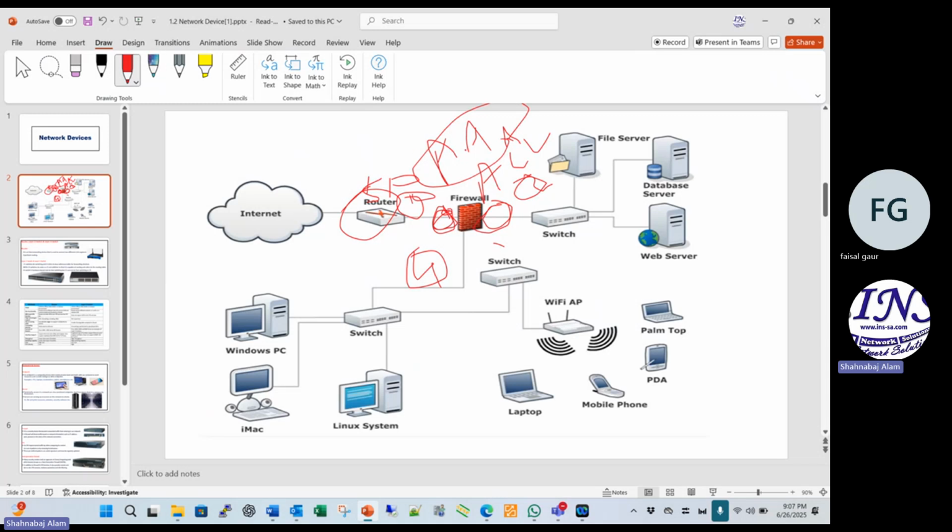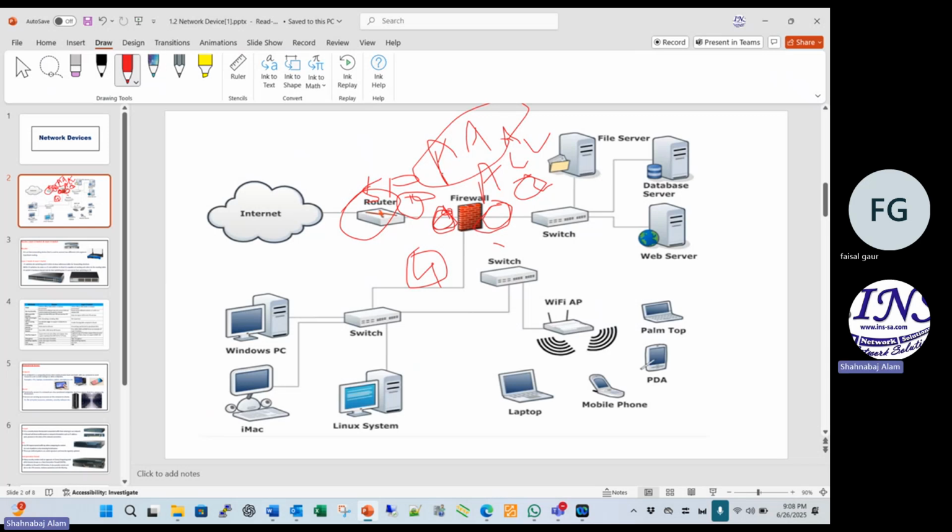And triple A is authentication, authorization, and accounting. This is the full form.